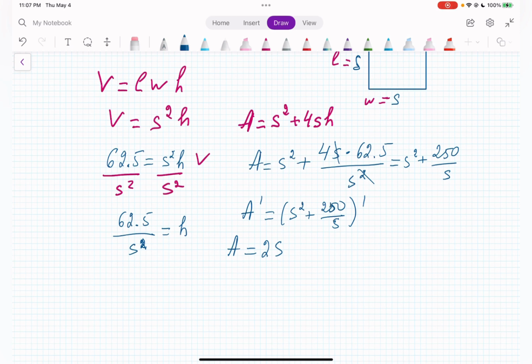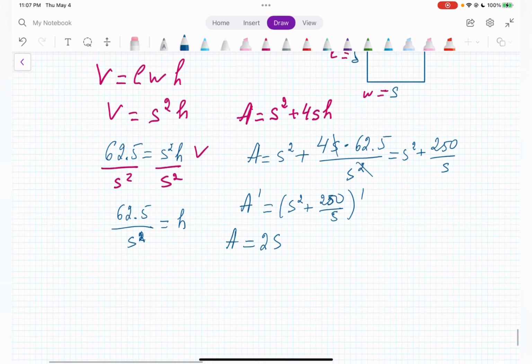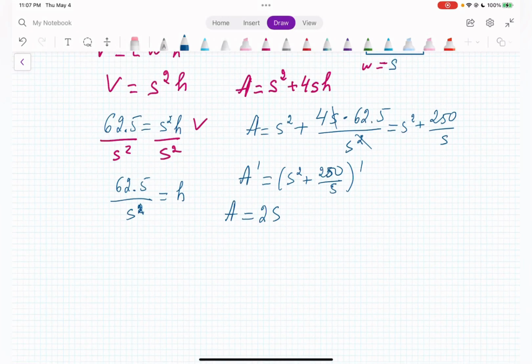Let me do drafting 250 over S. I'm writing down 250 S to power negative 1, right? 1 over S is equal S to power negative 1.